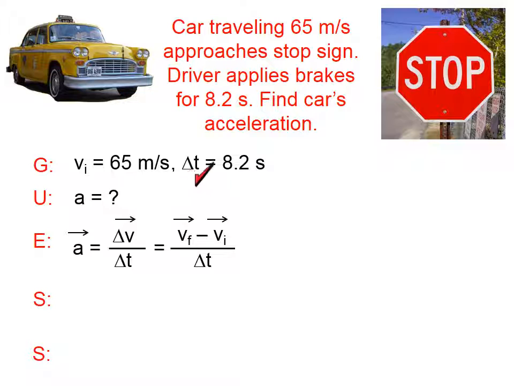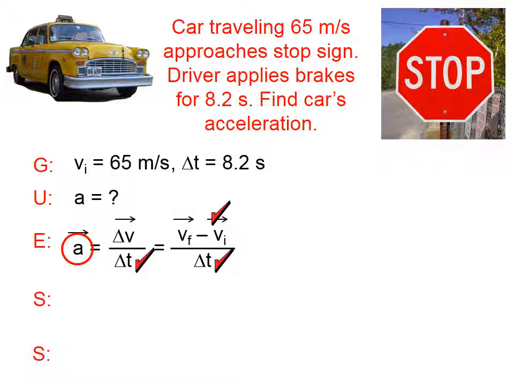Again, I'm going to go ahead and check off the ones that I know. I know the initial speed, I know the time, I'm looking for the acceleration, and here again we find that we're at a bit of a standstill for a moment, because in order to use this equation to calculate the acceleration, we need to know every quantity here or every quantity there.